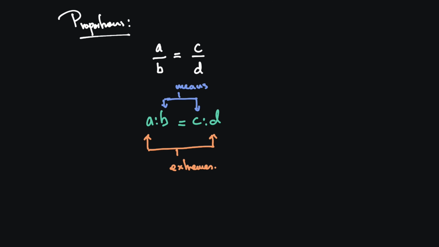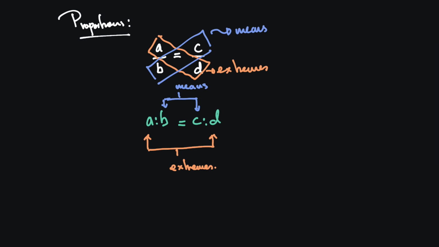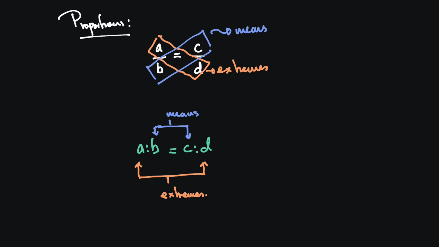If we look at here, then the extremes will be these two, and the means will be these two, okay? So means and extremes, in the two versions. Let me separate this so you can see it better. All right, so that's how we name them.